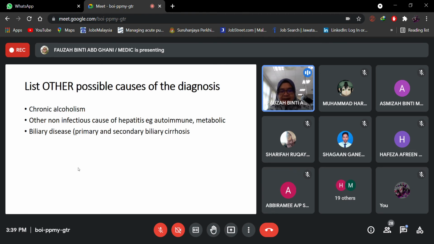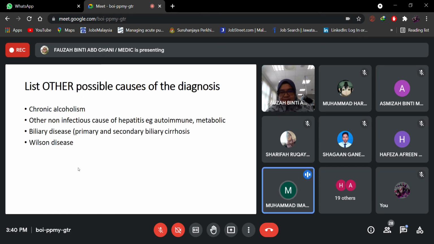So biliary diseases can be a primary problem of the biliary tract or a secondary biliary cirrhosis. Okay, so any biliary diseases. And then Wilson's disease, whereby, does anyone know what is Wilson's disease?